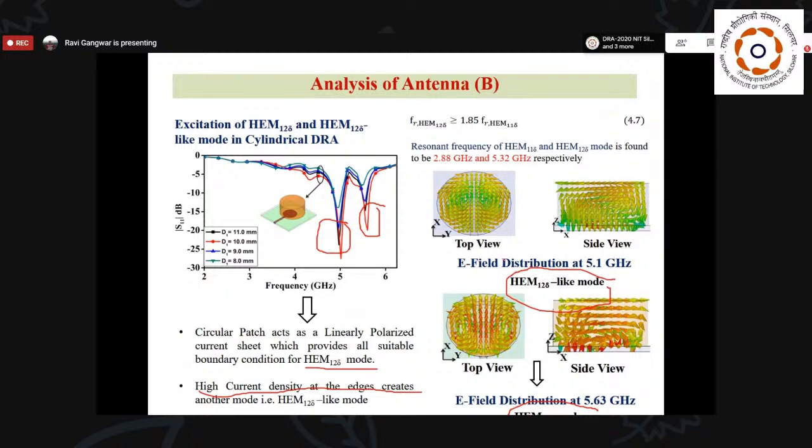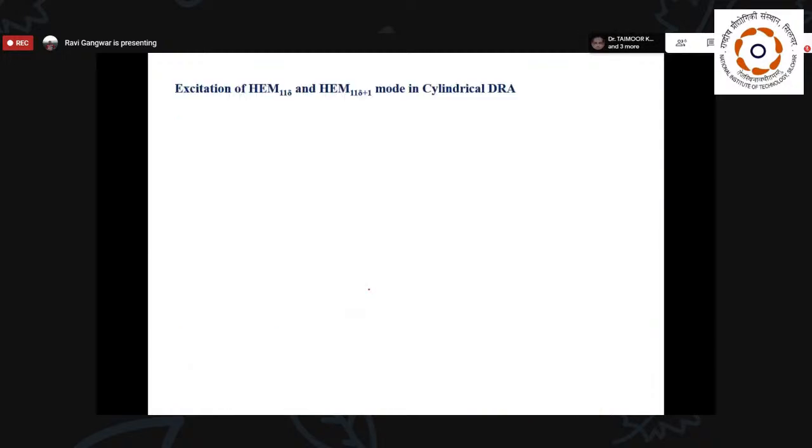And when we go for the mathematical analysis, we find that the HEM11δ and HEM12δ modes are generated at 2.28 and 5.32 gigahertz. Here you can see that we get the HEM11δ-like mode at 5.1 gigahertz and the HEM12δ mode at 5.630. So both modes are near 5.32 gigahertz.